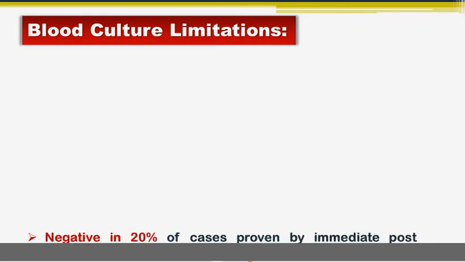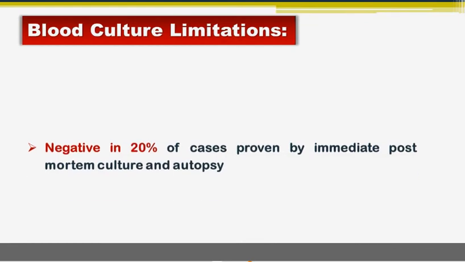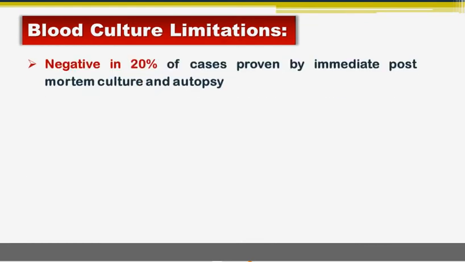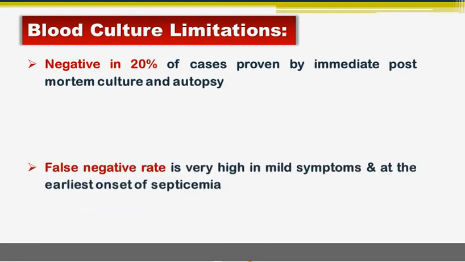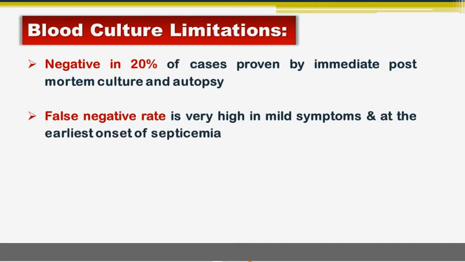Because blood culture may be negative in about 20% of cases that are proven by immediate post-mortem culture and autopsy. And the false negative blood culture rate will increase in mild symptoms and the earliest onset of septicemia, like what is happening now in COVID-19.